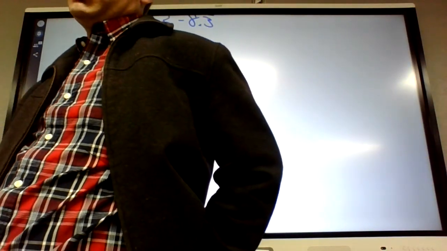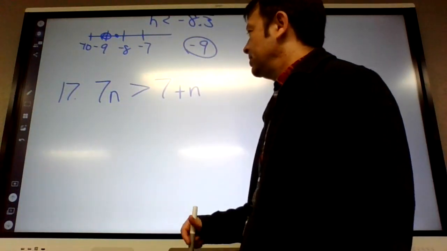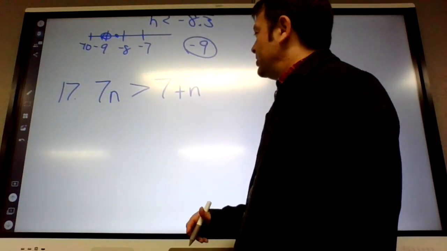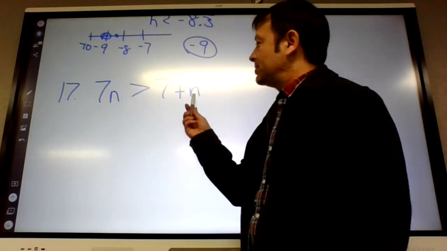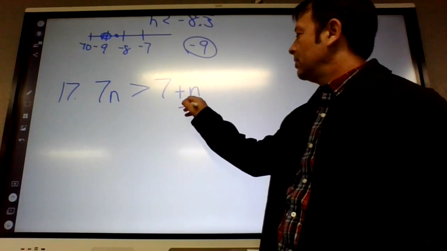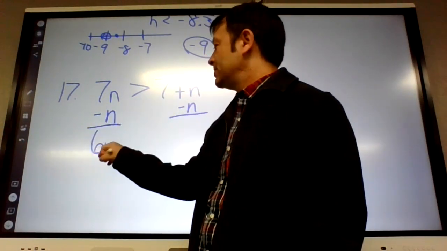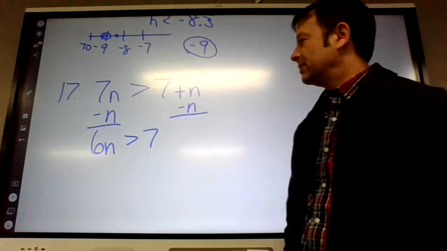Oh, actually this one does ask for the smallest integer, again kind of like the last one. Ken, what do I do when I have n's on both sides of the inequality? Right, minus n to clean it up. So we got 6n over here.